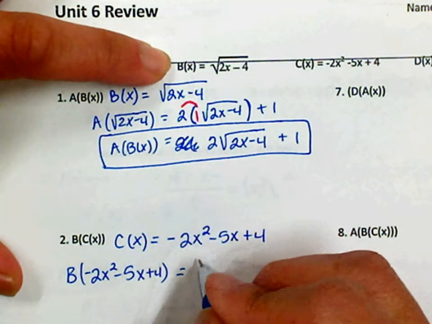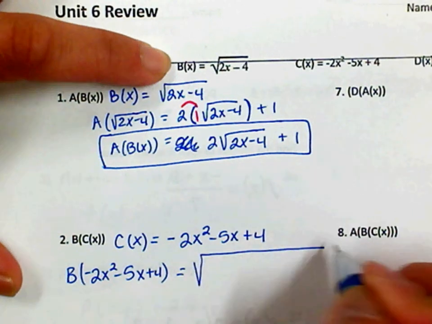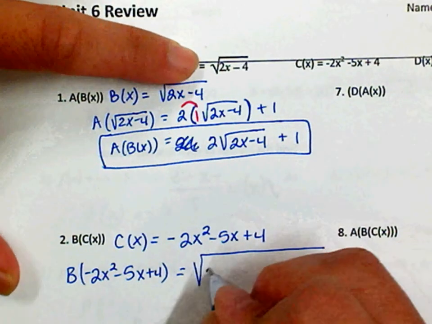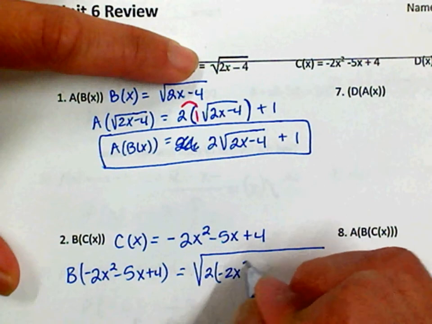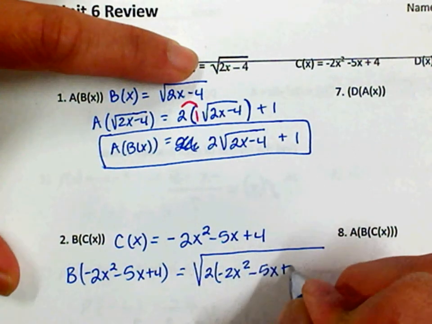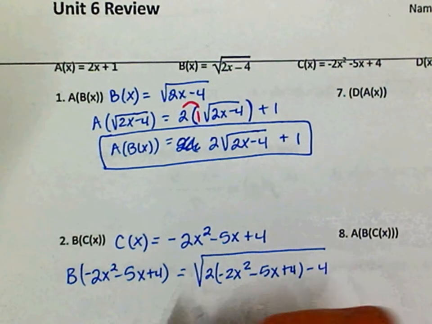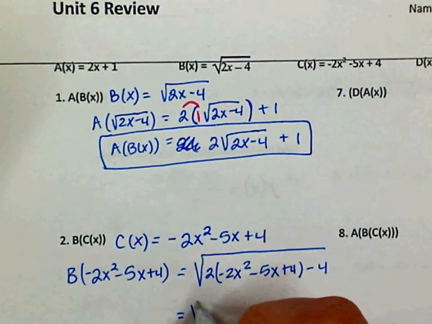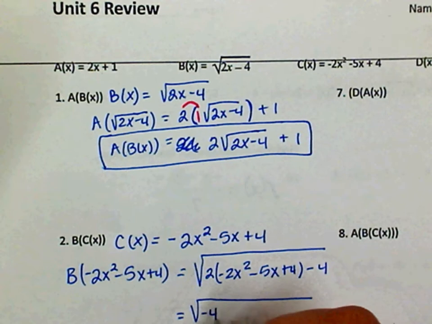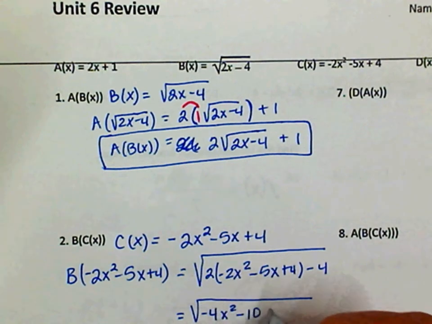So you're going to have a square root. See how there's a square root? 2 times negative 2x squared minus 5x plus 4. Carry down your negative 4. Alrighty. Distribute. Negative 4x squared minus 10x plus 8 minus 4.